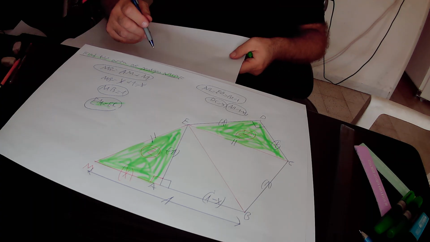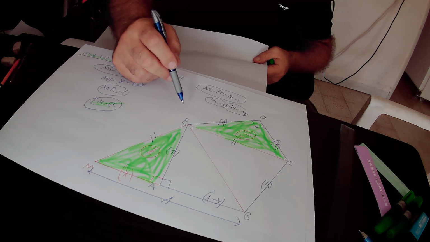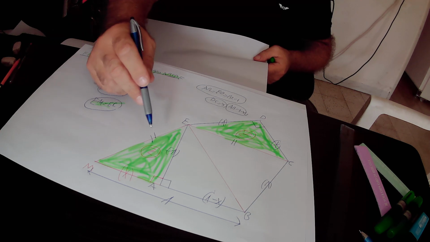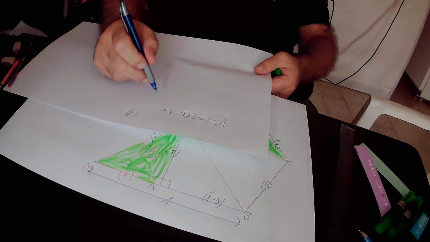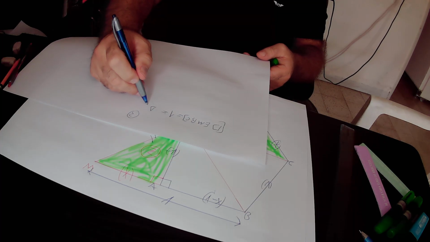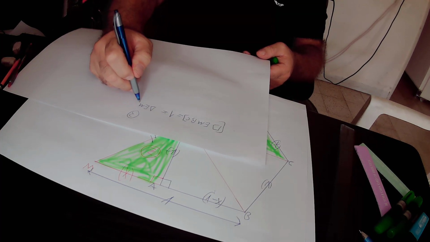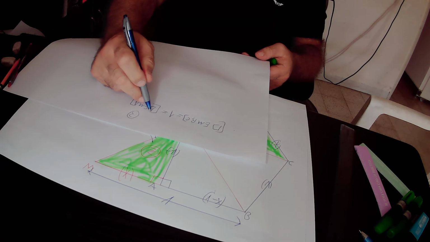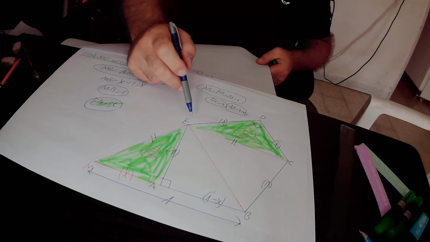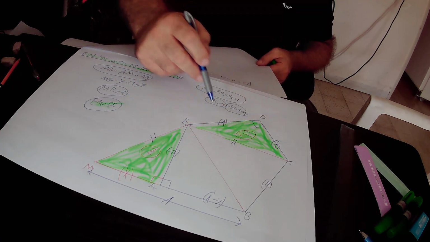That is to say, it must be equal to the area of this green triangle EMA plus the area of this quadrilateral ABCE.